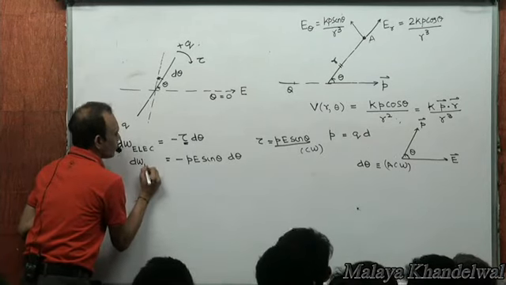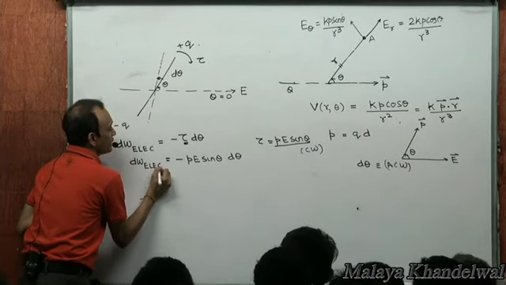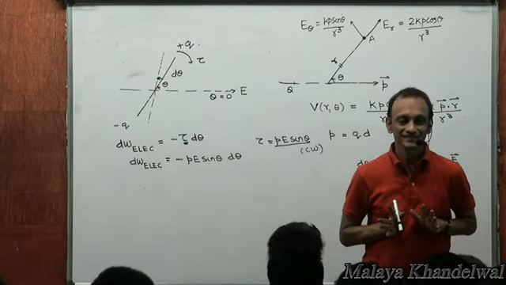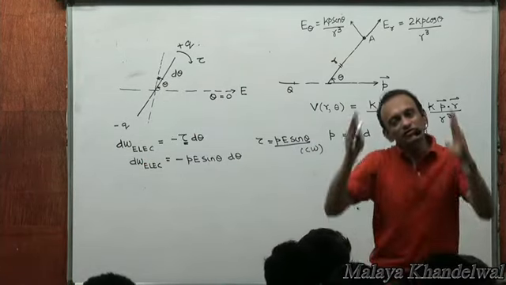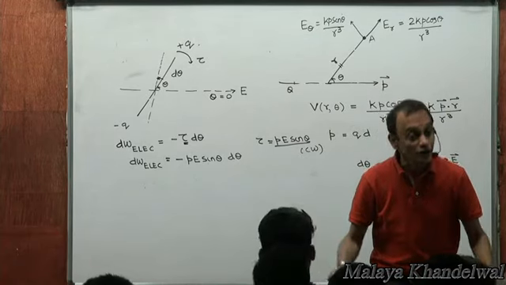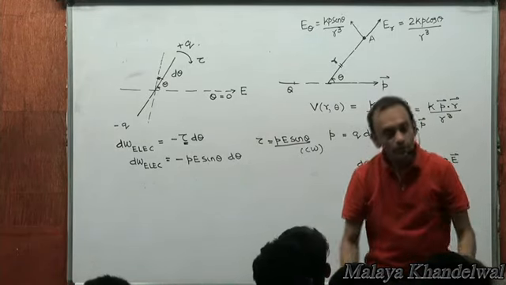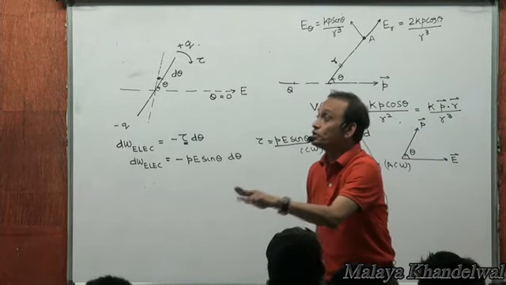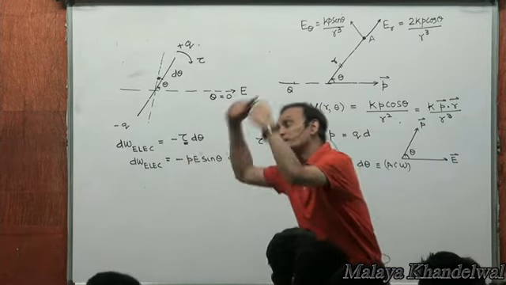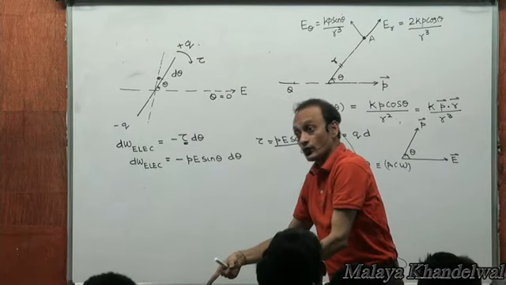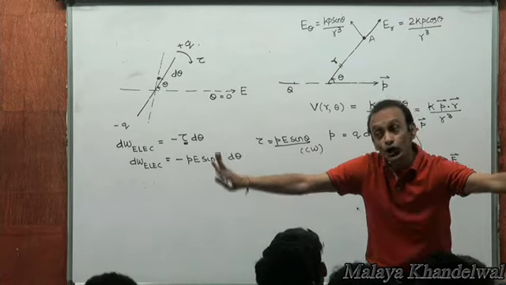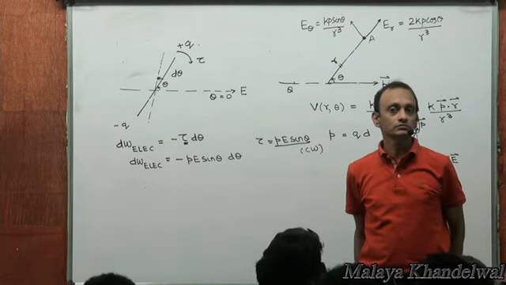Work done by the forces of the field will always be the negative of the change in potential energy. Yes or no? Work done by the external agent would be change in potential energy plus change in kinetic energy. But work done by the electric field unconditionally would be the negative of the change in potential energy.